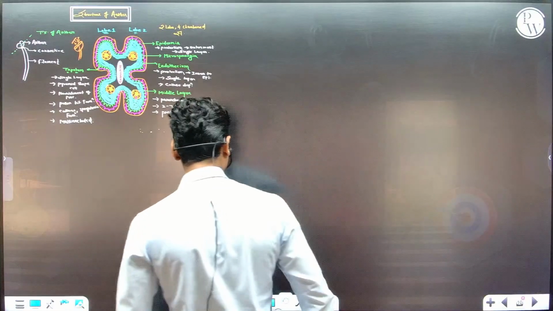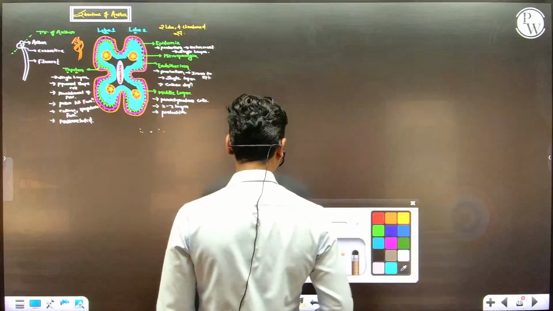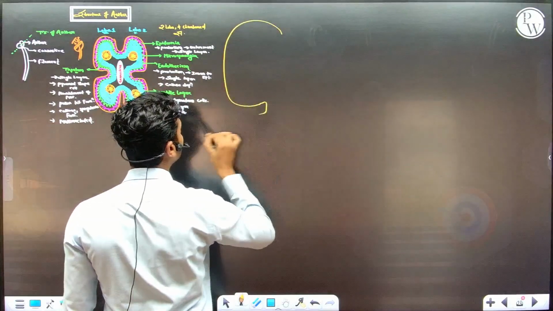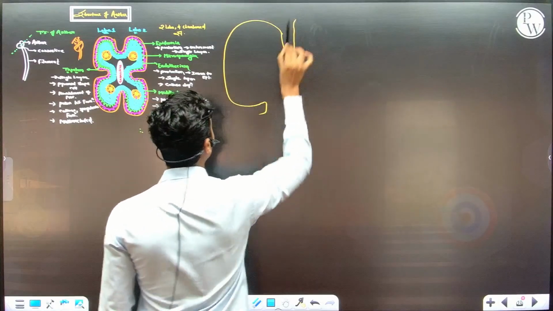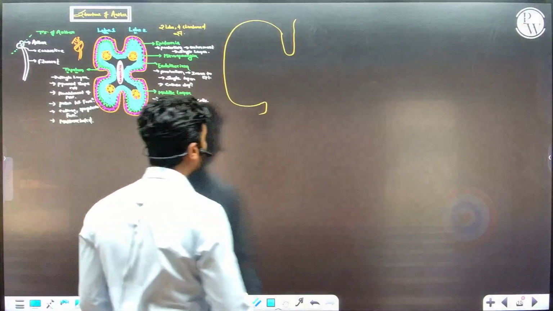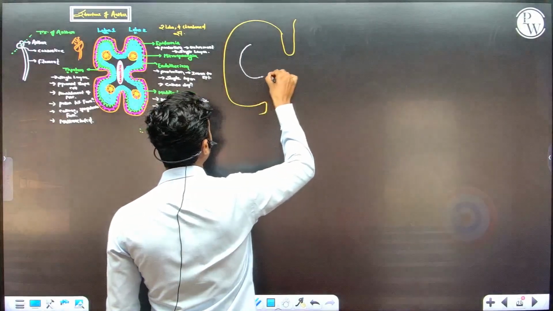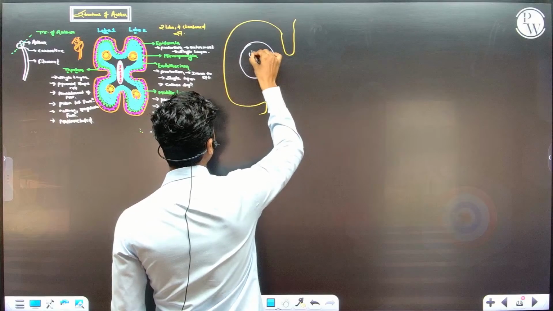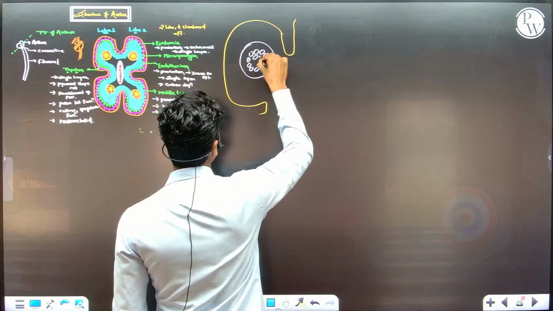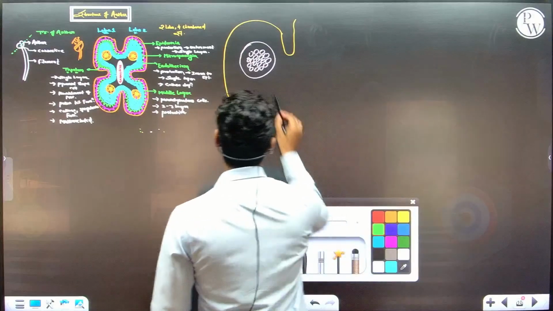Now, for example, this is one lobe of anther, and in the middle we have microsporangia. Microsporangia have a cell known as a sporogenous cell or archesporial cell.